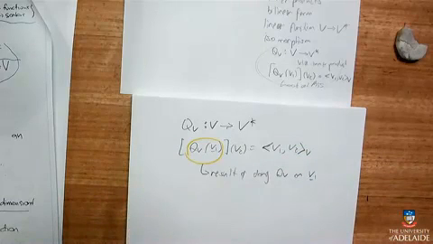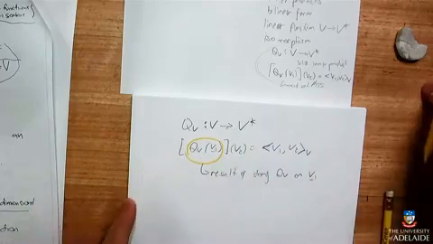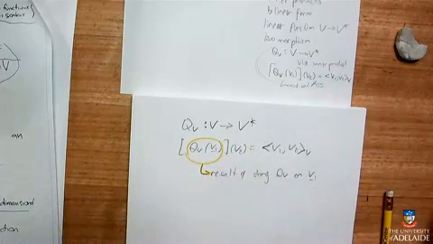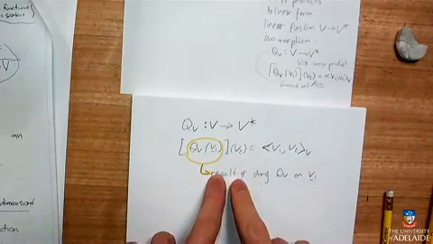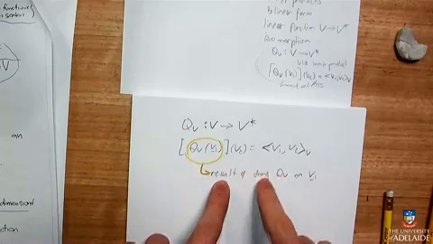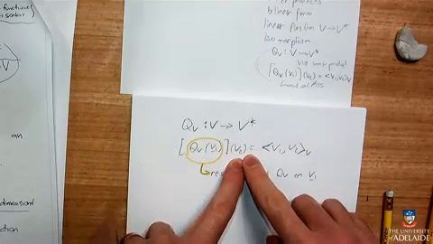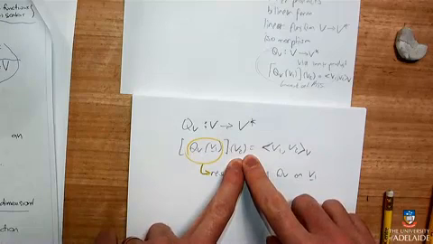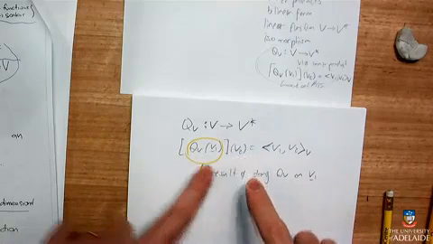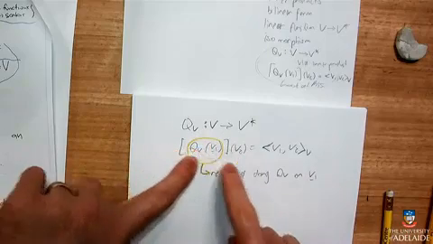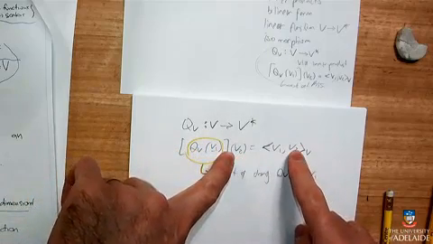Okay? I mean, that's what this notation means. Cool. And then the result of doing QV on V1 is a thing that I can apply to V2 and therefore must be a function. So this thing here, I then did it to V2 and got an answer.